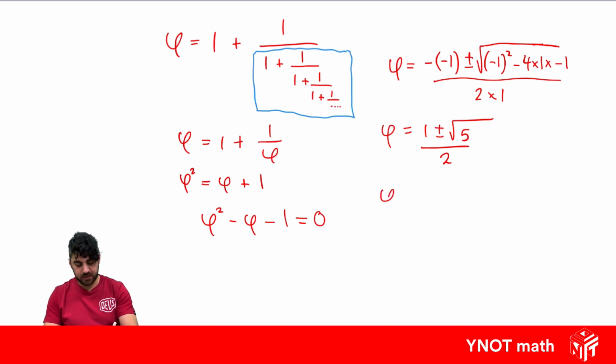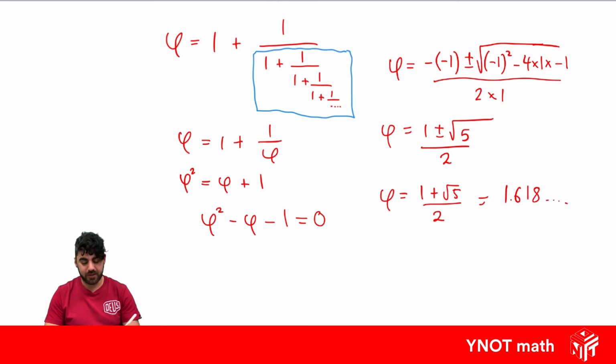And if we just take the positive case, we're going to get the golden ratio equals 1 plus root 5 on 2, and this equals 1.618, and so forth. But the exact value for the golden ratio is 1 plus root 5 all on 2.